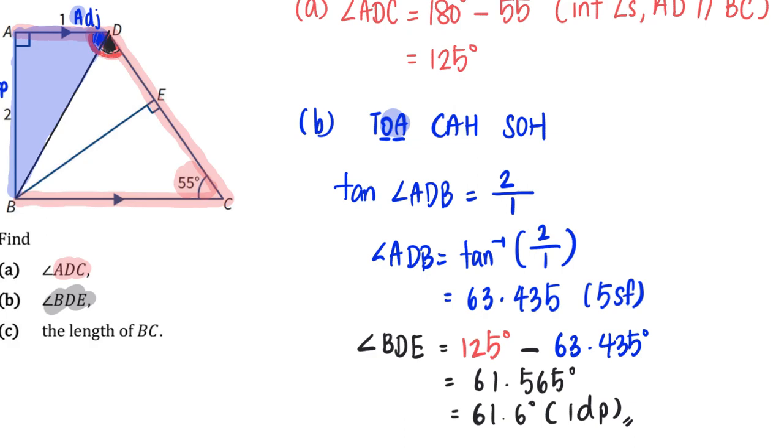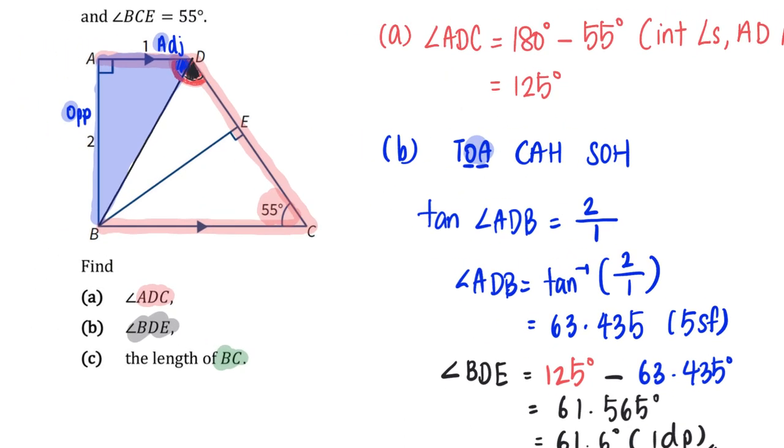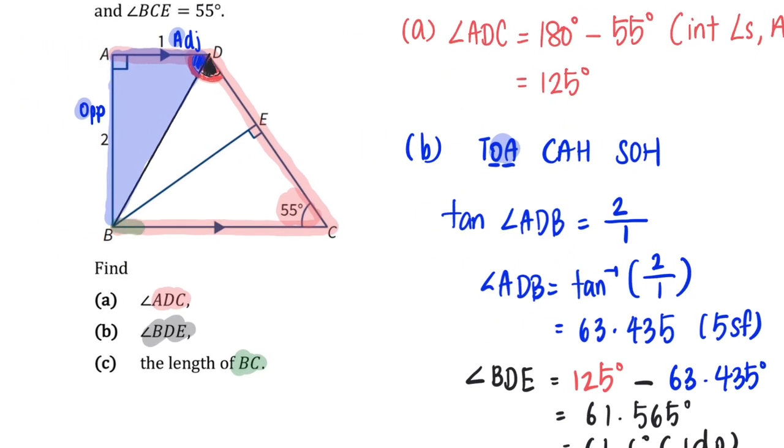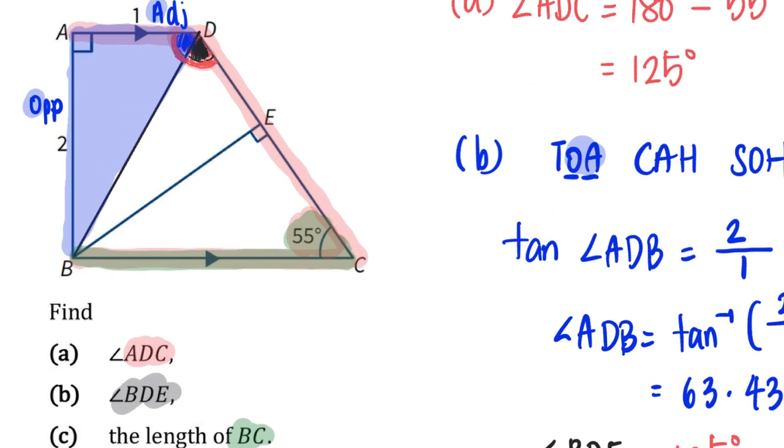This last part deals with the length BC. To solve for this length, it would be good if I have either BE or EC, since I already have this angle here. Let's see what we have. We have 61.565.